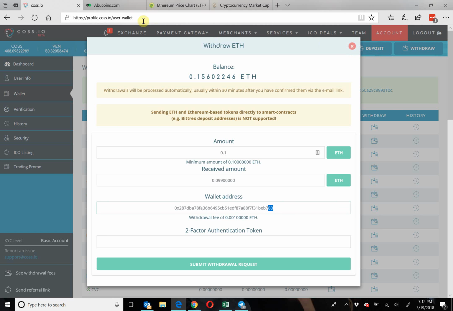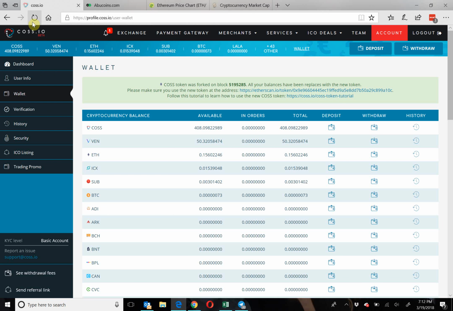And depending on the exchange, you can always track the transaction when it's sent through the blockchain. So that's one way you can figure out.